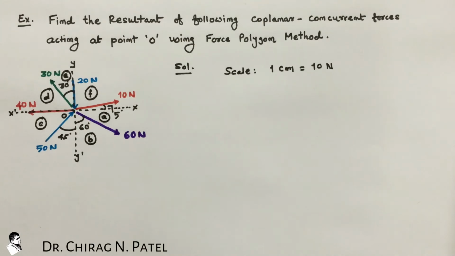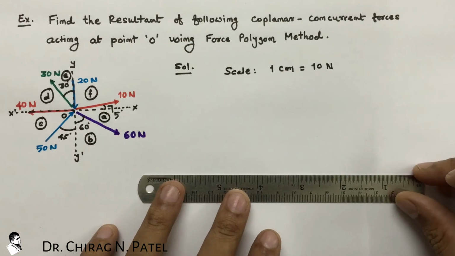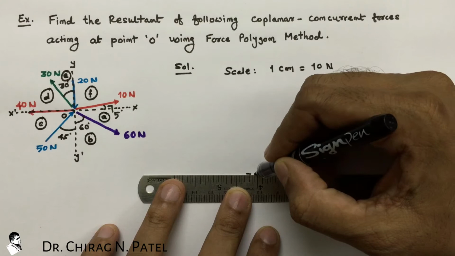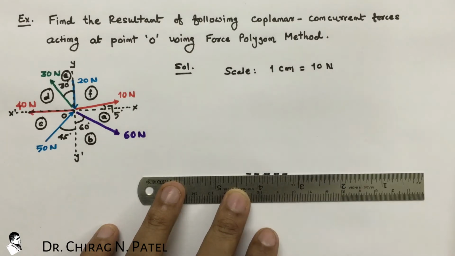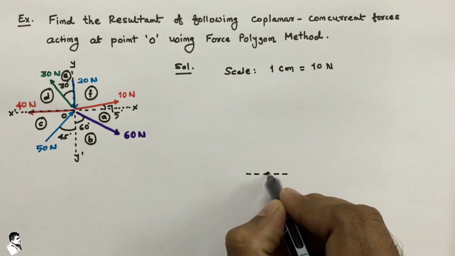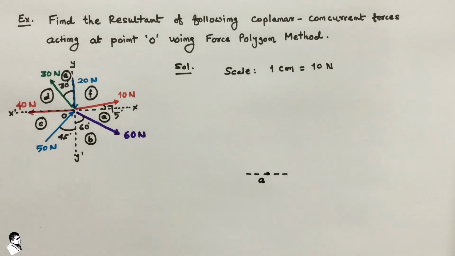Before that, we mark one horizontal line, which will provide a baseline for all the forces. So first we draw a small horizontal line, and on that line we mark point A somewhere here.